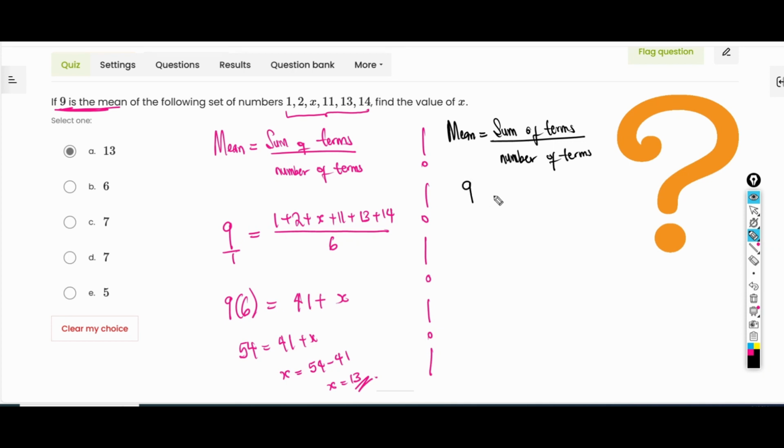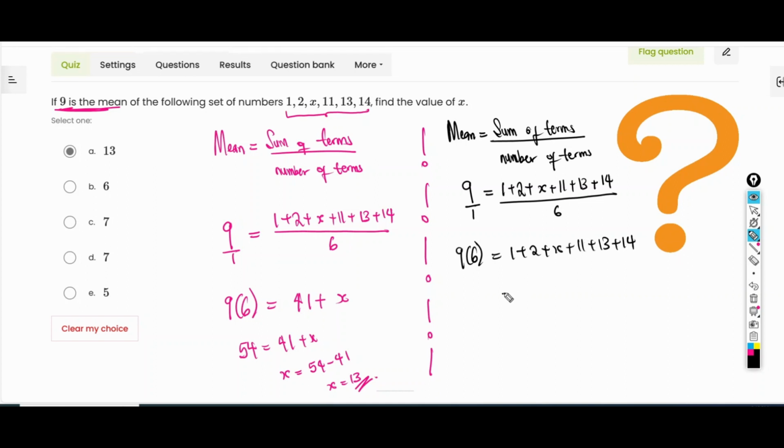So 9 is equal to the sum of terms, which would be 1 plus 2 plus x plus 11 plus 13 plus 14, the sum of all of them, right? Then over the number of terms. How many terms do we have? We have 6. So if I cross multiply, I would have 9 times 6 is equal to 1 plus 2 plus x plus 11 plus 13 plus 14.